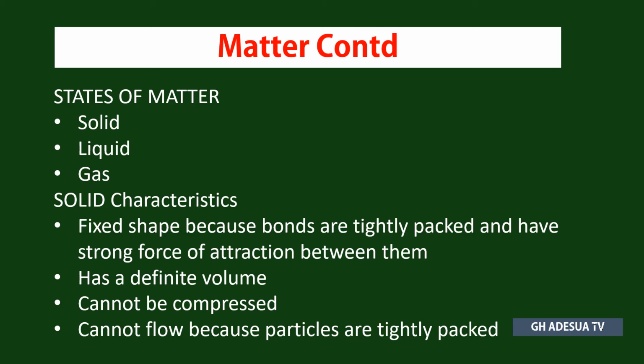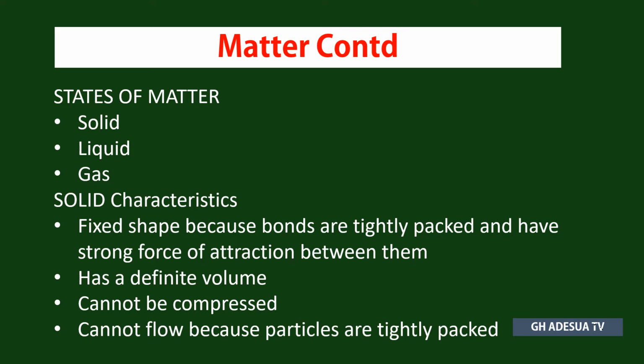One key feature of solids is that they have fixed shape. So if you take a stone, it has a fixed shape. If you take a cup, it has a fixed shape. And this is because the bonds in there are tightly packed and have a strong force of attraction between them. Now, between one atom and the other, there is a bond.